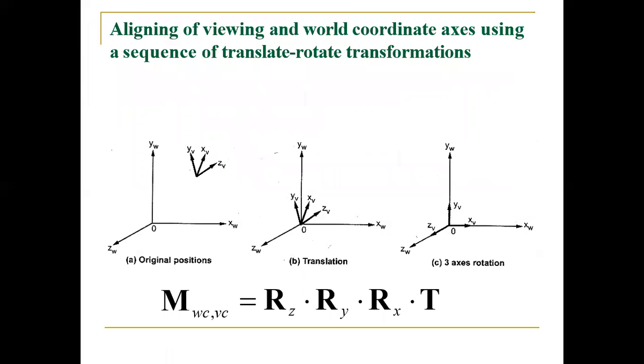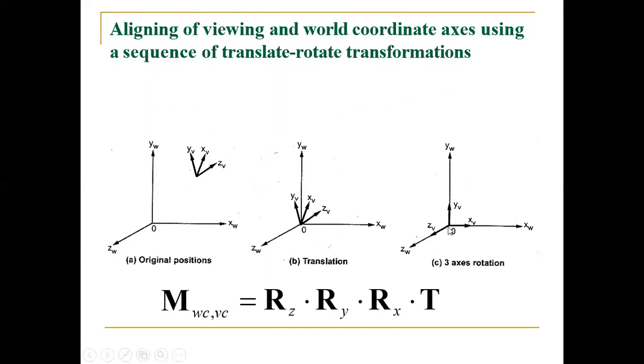As we can see here, my normal vector is along the z view axis, because I'm viewing from this particular position, and this is my view up vector, that is my v vector, along the y view axis. The third vector is my u vector, which is perpendicular to both n and v.